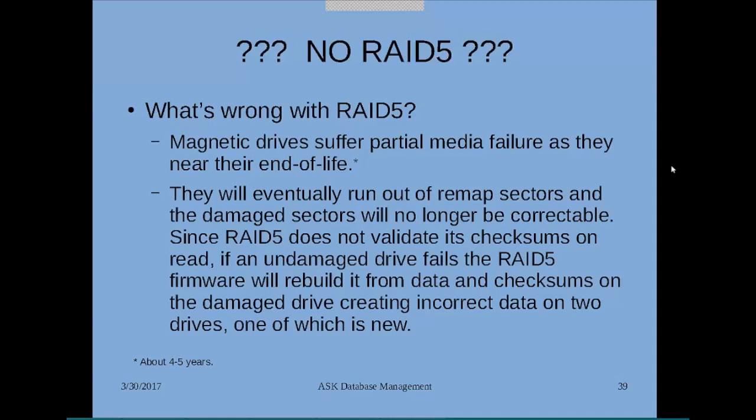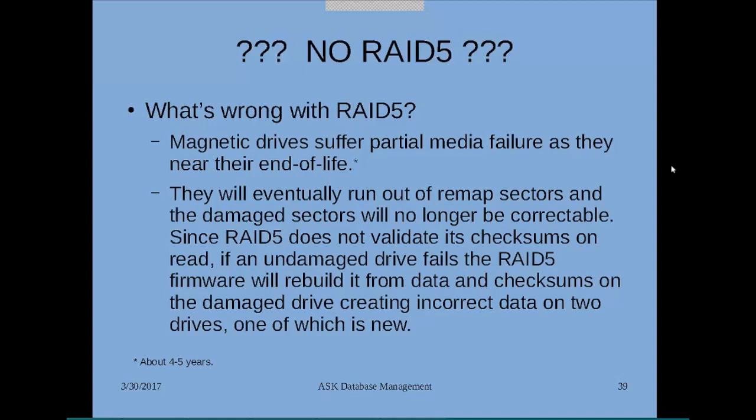If it reads that sector and checks the CRC code and it doesn't match, it will use the CRC code to rebuild the data, and it will try to write it back to the same sector to refresh the magnetics. And it will then reread that bad sector to see if the CRC code matched the second time. If it doesn't, then it will take the sector and move it to a remap sector and mark that sector as damaged and offline.